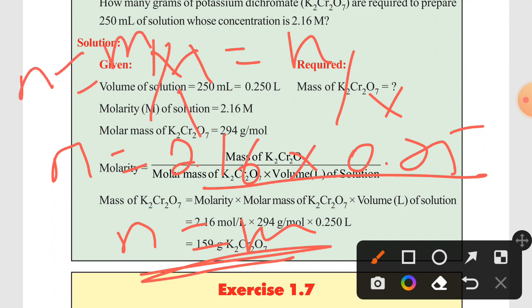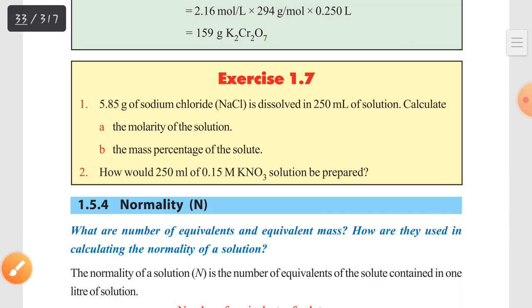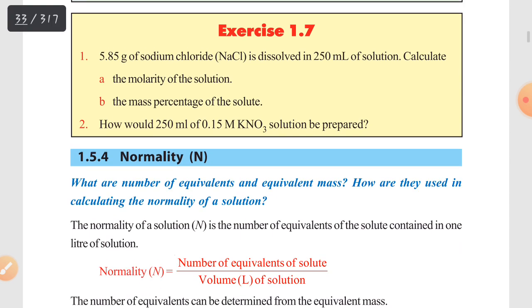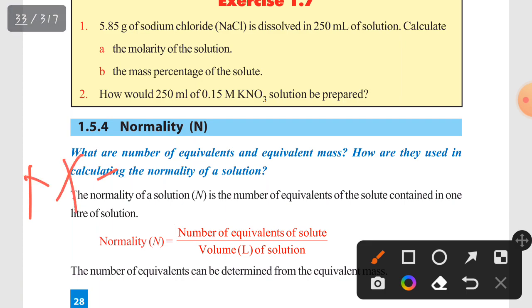Okay. 5.85 gram of sodium chloride is dissolved in 250 milliliter. Calculate the molarity of the solution. When we look for molarity, molarity is equal to the mass of sodium chloride, which is 5.85 gram, over the molar mass.